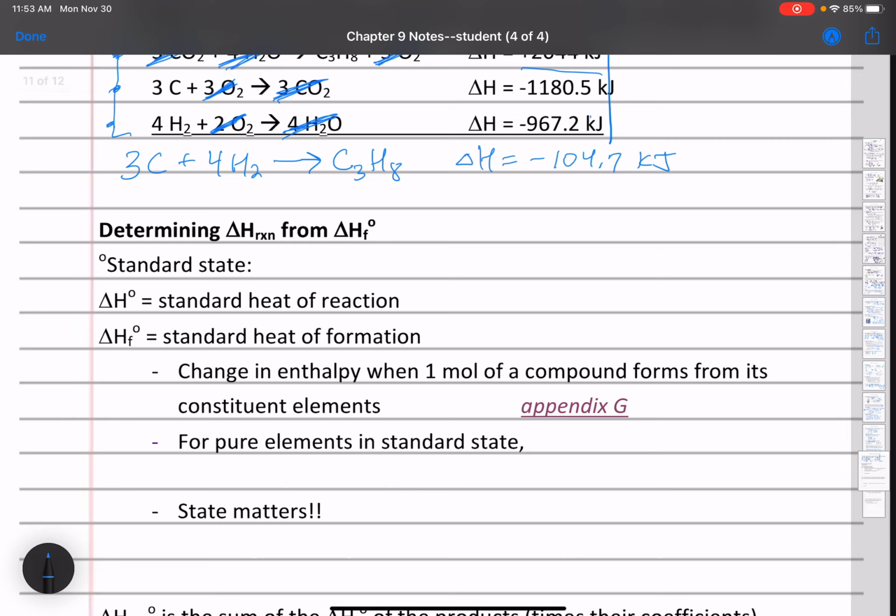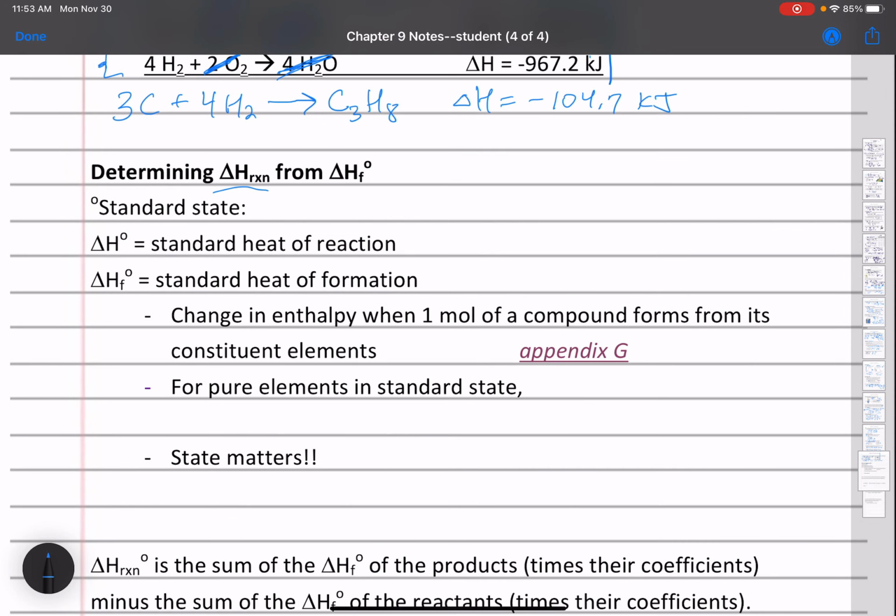So another way to determine the heat of reaction on paper from enthalpies that are already known is through the standard state. The standard state is represented by this little degree symbol here.